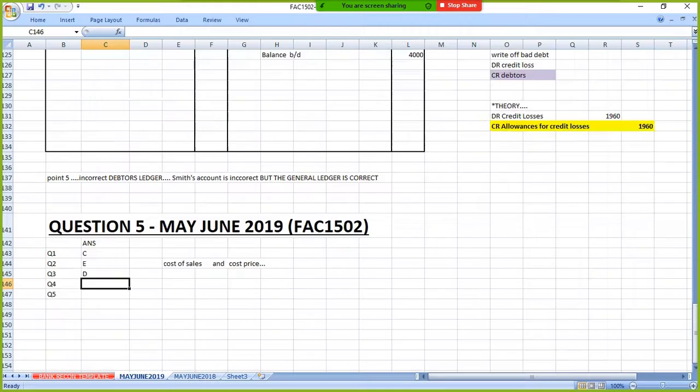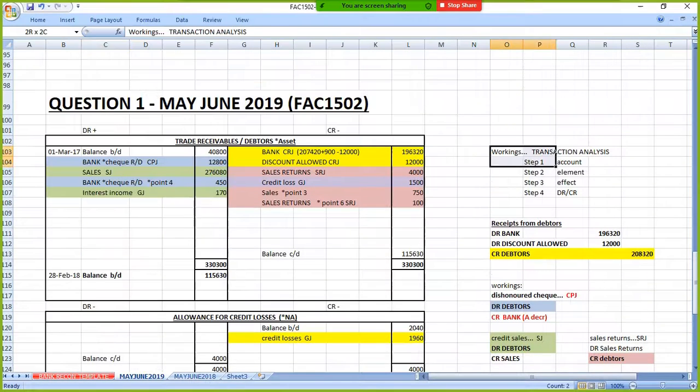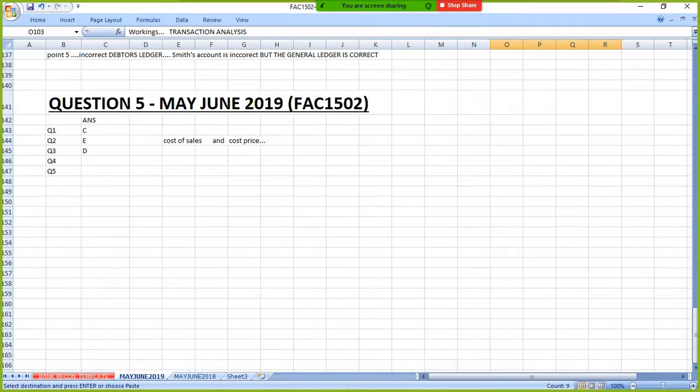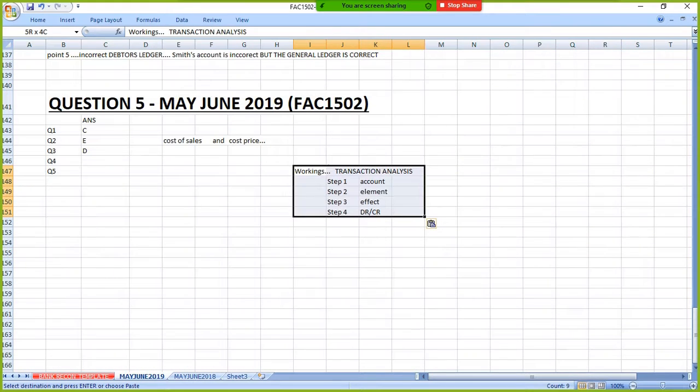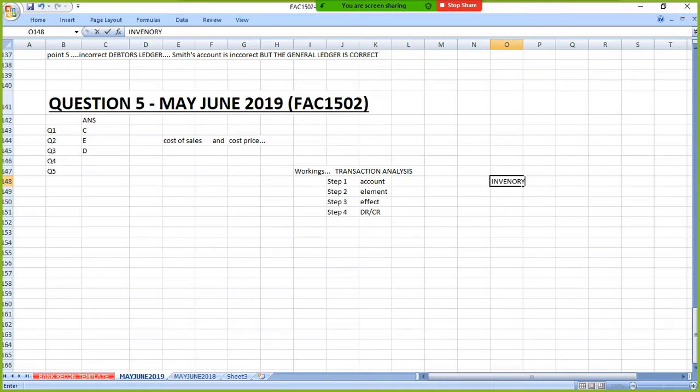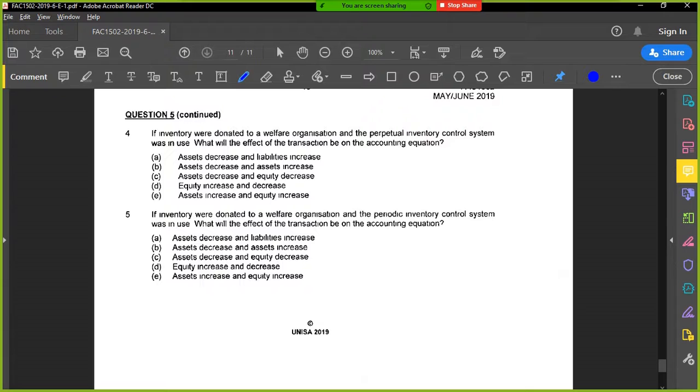This is a really great opportunity for me to revise this. Step number 1, get an account. What account do I have? Inventory. What other account do I have? Donations. Do you agree? Inventory was donated to a welfare organization using the perpetual system.